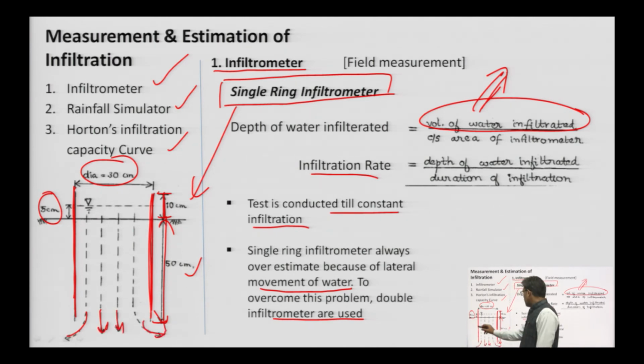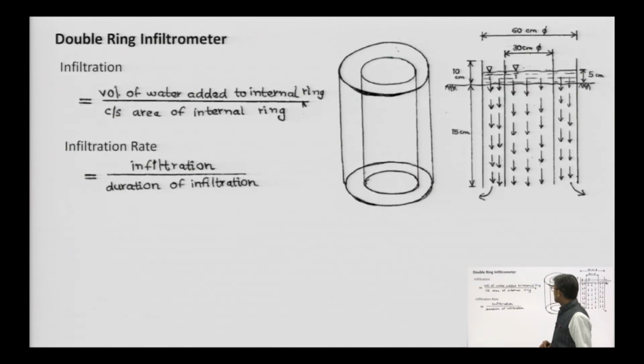So, this is a prototype model for the single ring infiltrometer. Since the single infiltrometer estimate is more, to overcome that, we are using the double ring infiltrometer.